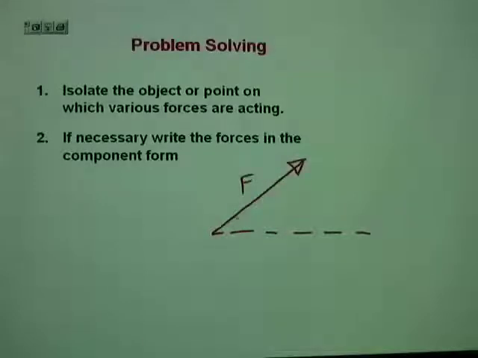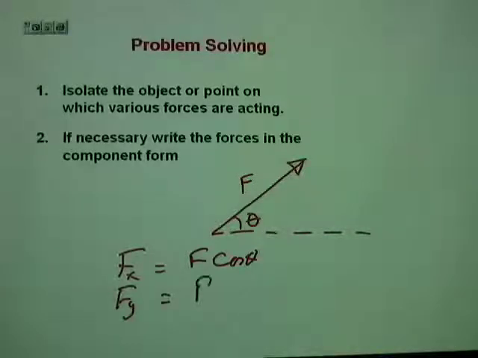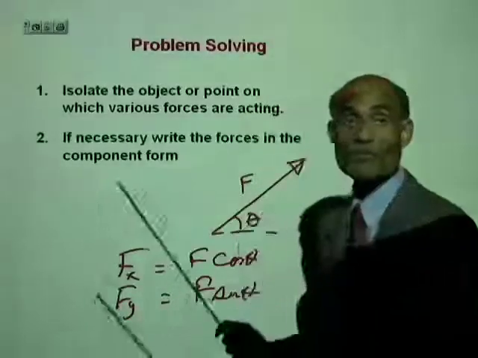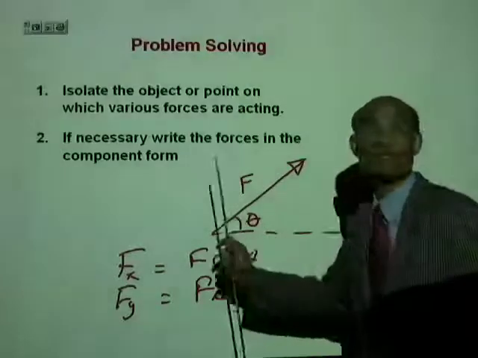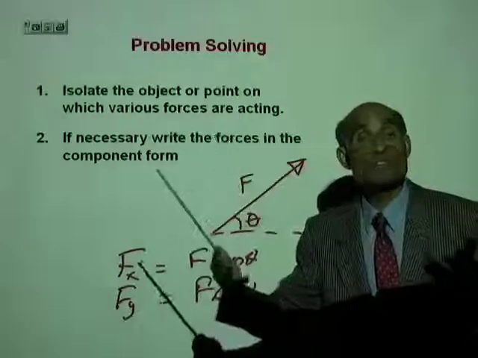So if you have a force that makes an angle theta with the x-axis, its x component F_x will be F cos theta, and its y component F_y will be F sin theta. You know that, and we will be using this as we go on. So, if the forces are in the proper x and in the proper y direction, you don't need to do anything with it.